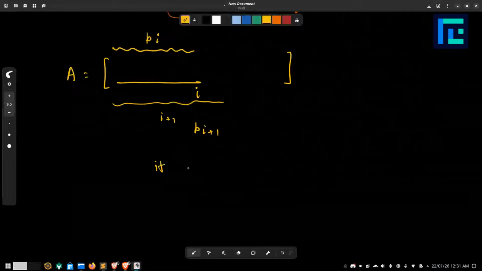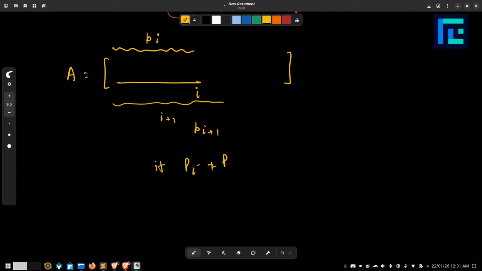If P of i is not equal to P of i plus 1, then the count of all such points will be f of a.